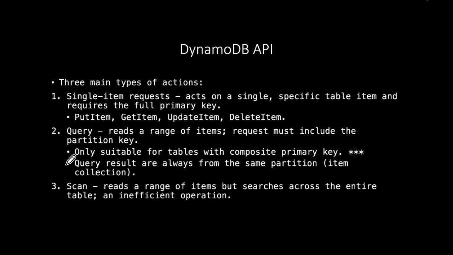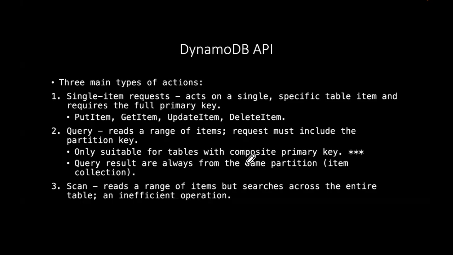And again, you cannot get around that. Sometimes you'll find this to be quite restrictive if you come from a relational database background. The query results are always from the same partition because we know that all of the items, let's stick with our customer and order example, all or some of the items related to a particular customer will come from the same partition where customer ID is the partition key.